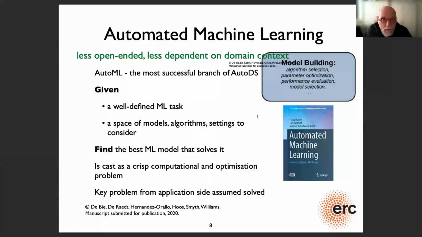As I said, automated machine learning is the least open-ended and the least dependent on the domain context. It is assuming that the task is pretty well defined. You want the inputs to be very clear. You want the loss function to be typically very clear. And then you want to find the best machine learning model that tackles this task.